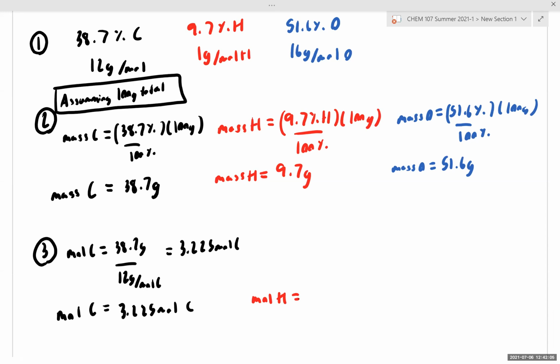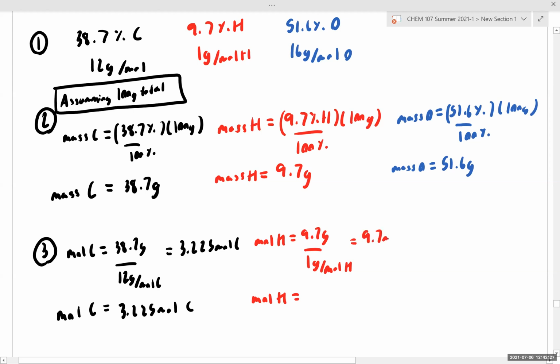Exactly. 9.7, sorry. No worries. So for our moles of hydrogen, we have 9.7 grams of hydrogen, and we have a mass of 1 gram per mole hydrogen. So that in turn gives us 9.7 moles of hydrogen.